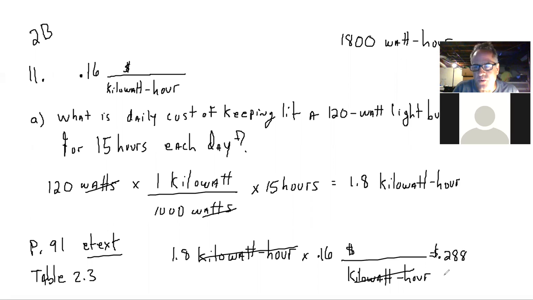Dads are notorious for telling kids to turn off the light. But legitimately, it's going to cost you about 29 cents for the day to leave that one light bulb on. It all costs money.